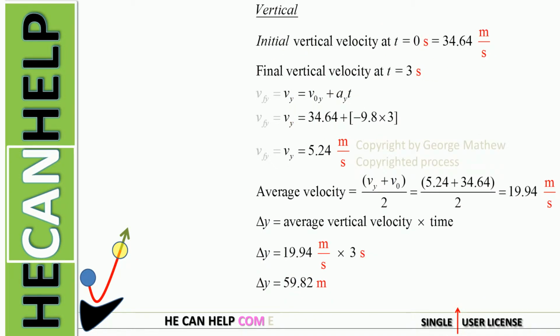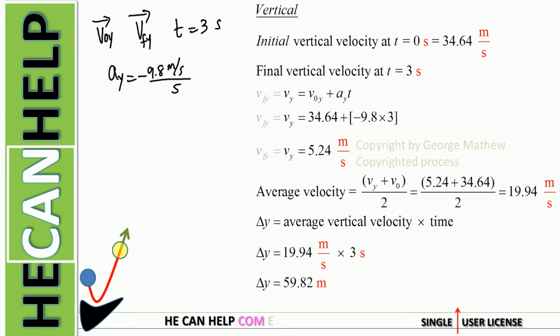There is another way of doing this, and that is you take the initial component of the velocity vector, you take the final component of the velocity vector, and you know the time is equal to 3 seconds, and you know the acceleration on the vertical is negative 9.8 meters per second squared.